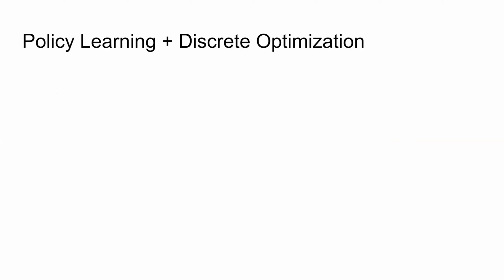So for this lecture, I'll focus on discrete optimization and show two works I have done on how to apply different policy learning methods to speed up the optimization procedures. The first one we'll cover is called learning to search via retrospective imitation.